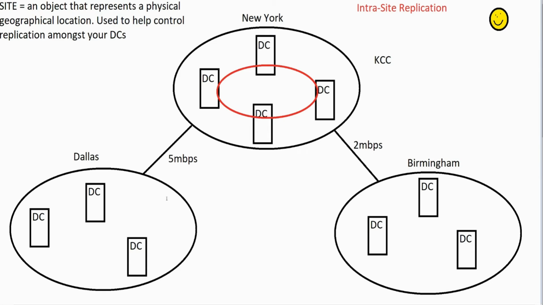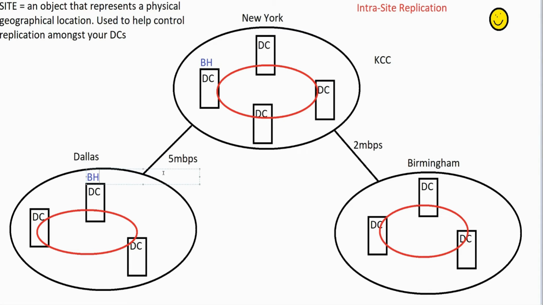So what happens when you separate your domain controllers into different sites? Well, when you do that, the KCCs on those machines build the ring, just like they did in New York. It'll happen automatically. You don't have to do anything to make this happen. And then what happens by default is the KCC will appoint a server known as a bridgehead server. So in each site, one of the servers will be known as a bridgehead.